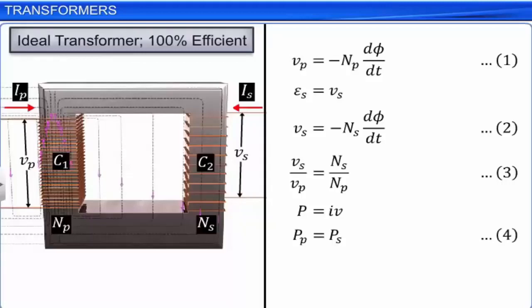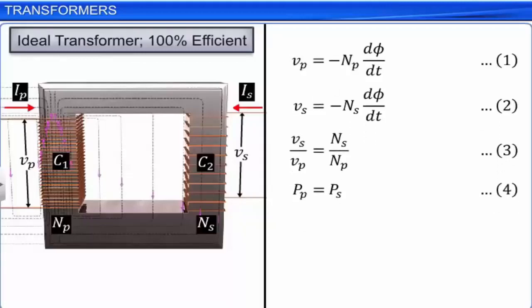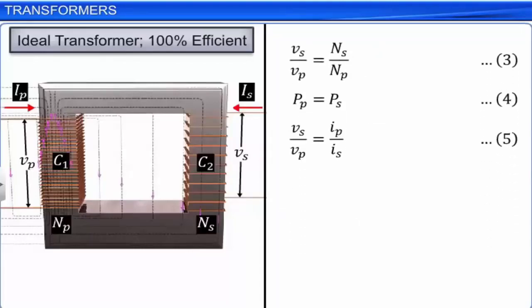Or Vs by Vp is equal to Ip by Is. Let this be equation 5. From equations 3 and 5, we get Vs by Vp is equal to Ip by Is is equal to Ns by Np.